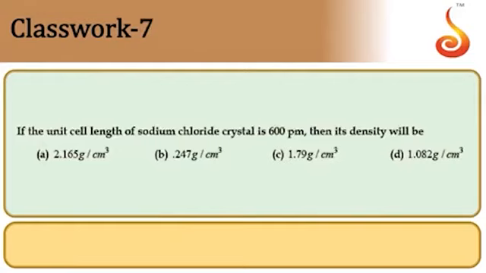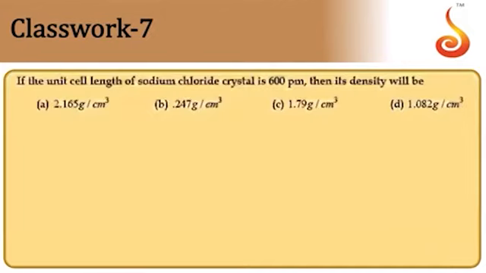Then, if the unit cell length of sodium chloride crystal is 600 pm, then density. It's a direct question. So density d is equal to Z into M by a cube Na.